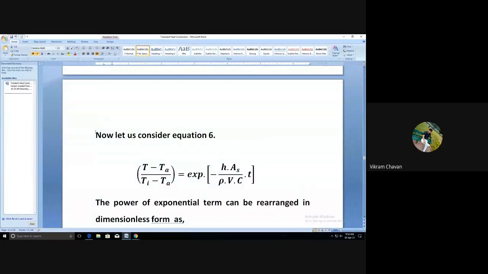Equation number 6 is (t minus ta) divided by (ti minus ta) is equal to exponential of, in square brackets, minus h multiplied by A suffix S divided by rho VC, whole multiplied by t. Write down equation number 6, everyone.